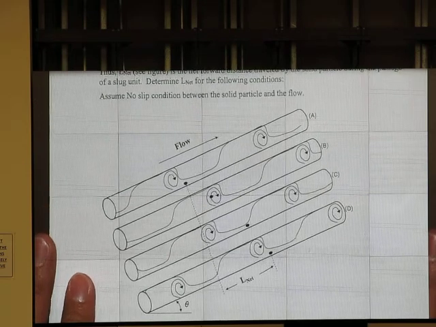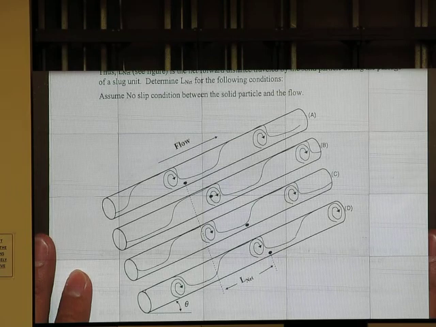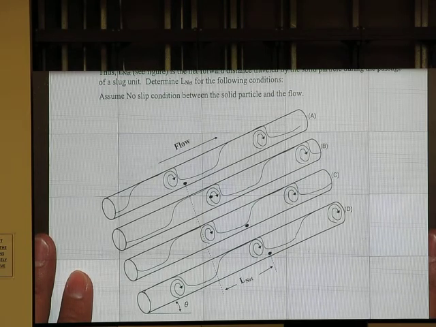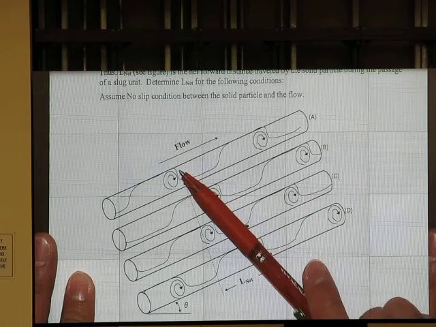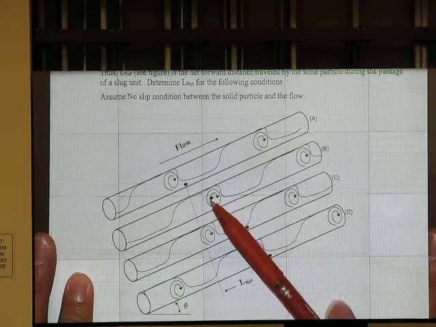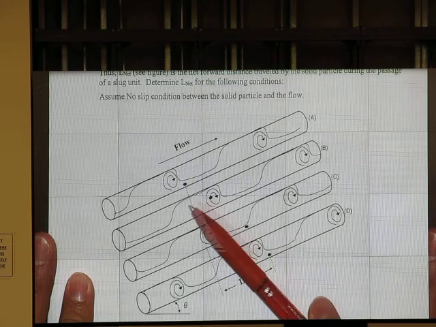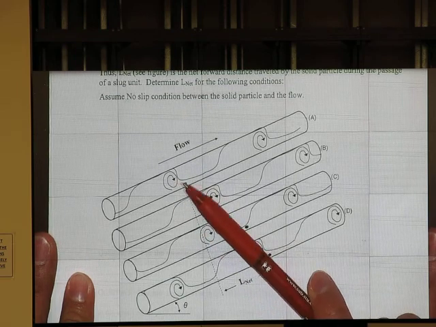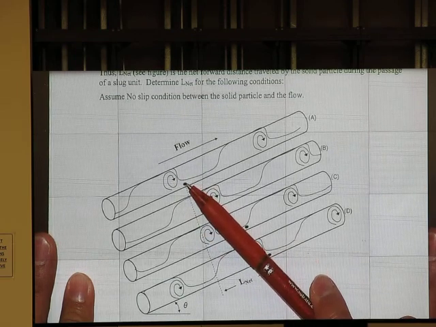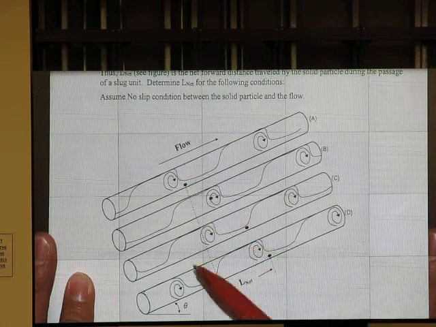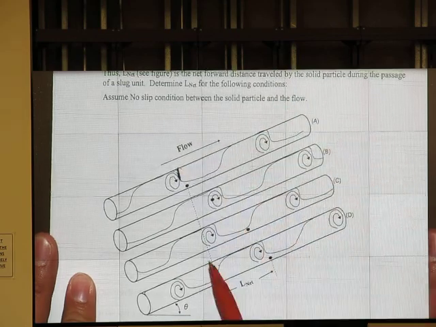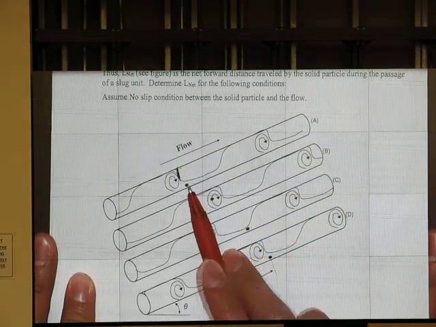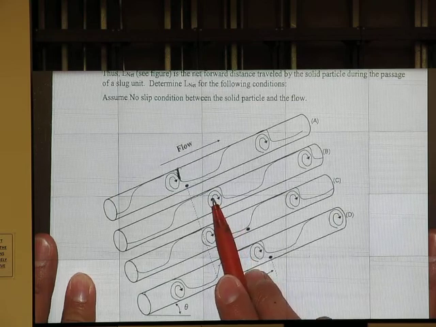What this should be telling you is, for slug flow to happen, the interface moves faster than the liquid phase itself. The liquid that is inside the slug body will travel at the same speed as this solid particle, I assume. Actually there will be some lag, but what I'm saying is the front moves faster than that dot. The interface moves faster than the liquid inside.